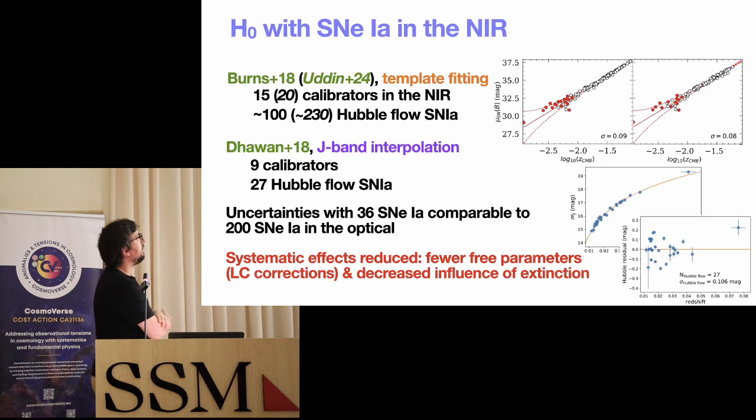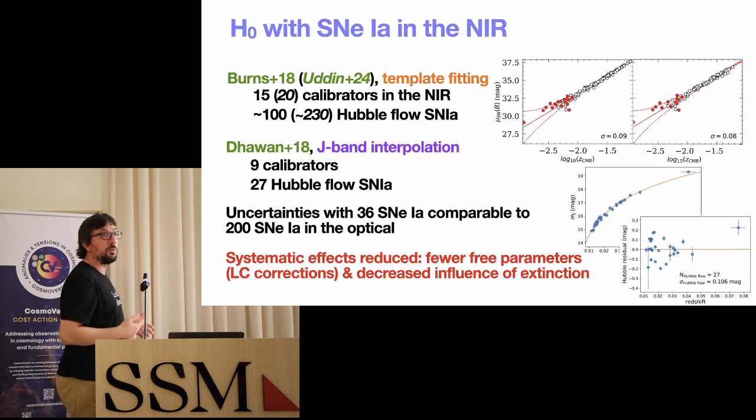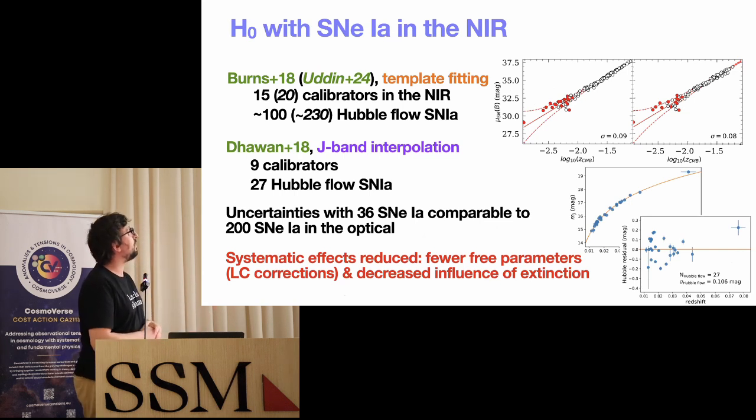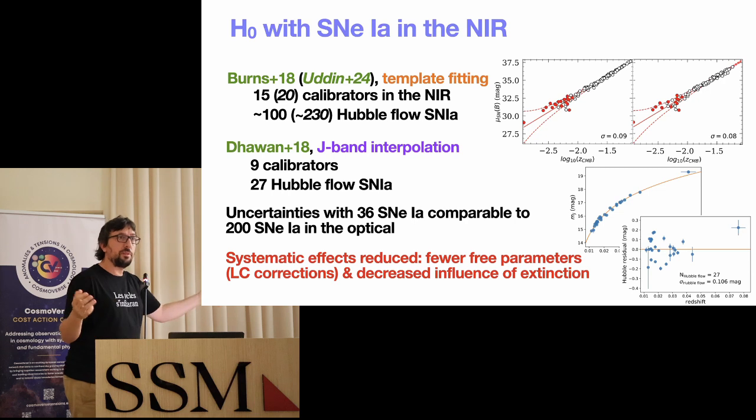And with that promise, people have been trying to use them to measure H0. So you see the reference is 2018 by Chris Barnes as well, and updated last year by Shubo Udin. They have been using template fitting, the same template fitting that we use for the optical.